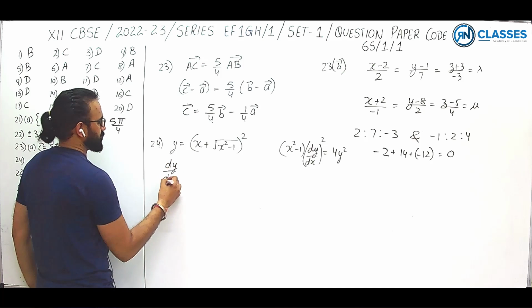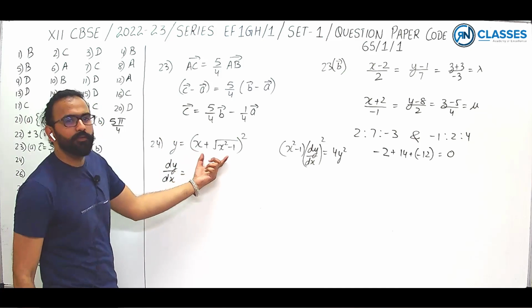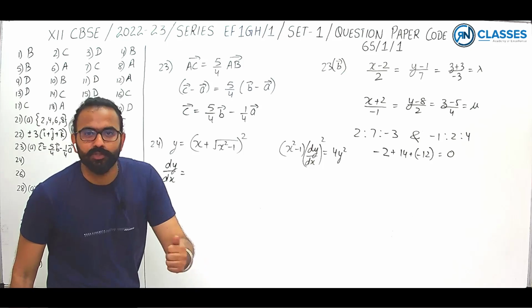So dy by dx equals the derivative of the right hand side, and that we can easily find using chain rule.